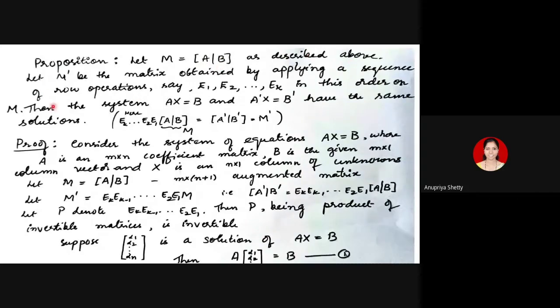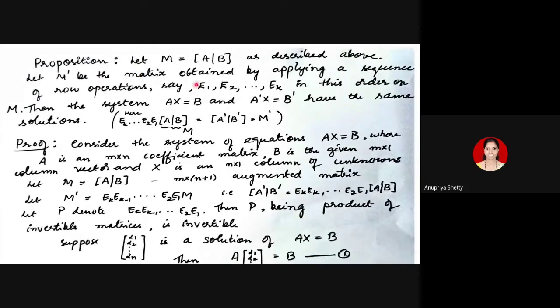Now let M dash be the matrix obtained by applying a sequence of row operations, say E1, E2, etc., Ek, in this order on M. What do you mean by in this order? First E1 is applied.